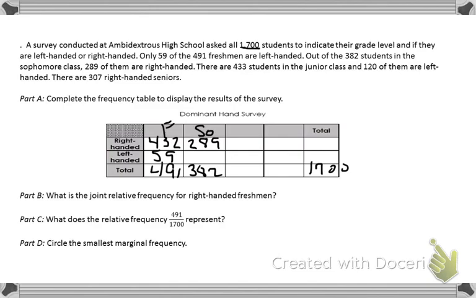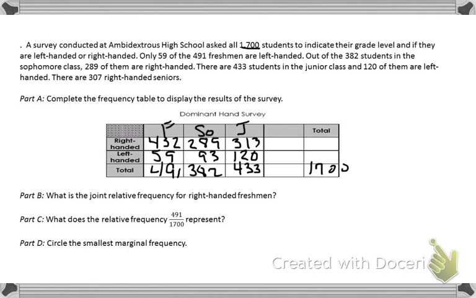So I'm going to subtract 382 and 289 and get 93. Next, it says there are 433 students who are juniors. 120 of them are left-handed. So I'm going to find out how many are right-handed by subtracting 433 and 120. And that's 313. Okay, the next one's kind of tricky.